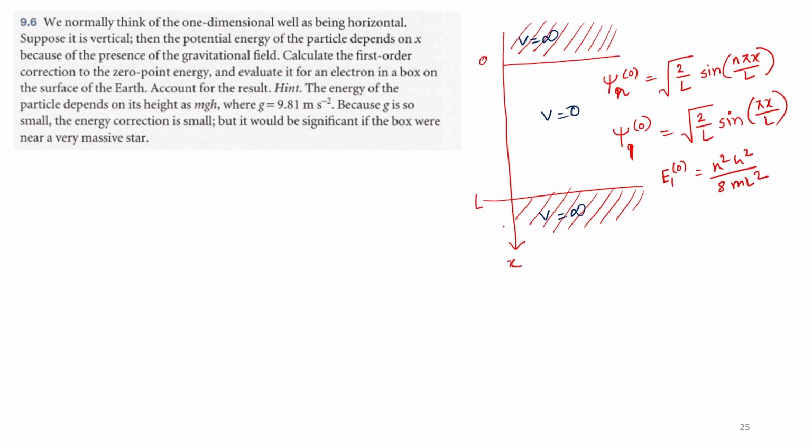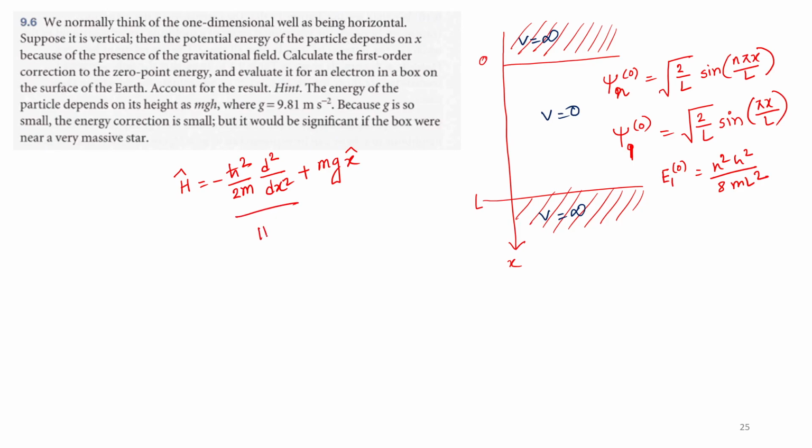Now they are saying that a gravitational thing, so the Hamiltonian, let me write it down, minus h bar square by 2m d square by dx square is being attached with now gravitation, right? Which is mgh. See, the energy of the particle depends on the height as mgh. So that potential is added, mgh.